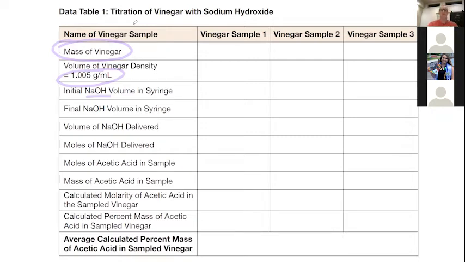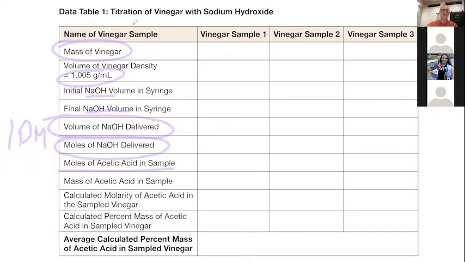Here's what your syringe said before you started adding it, what the syringe said after you had finished adding it. Figure out the volume of the sodium hydroxide you delivered. You know the concentration is 1.0 molar, so it'll be pretty easy to determine the moles delivered.